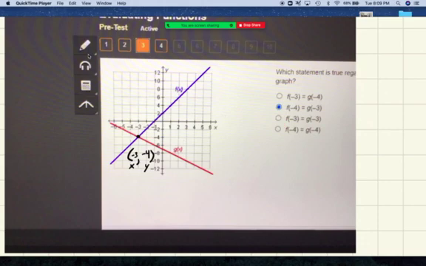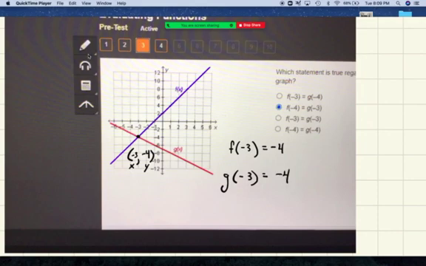Because f of -3, well, if I started here and I went back 3, 1, 2, 3, and then I traced it out to my blue line, I would get -4. And then if I did the same thing with g of -3, again, 1, 2, 3, and then trace it out to my red line, still the same point, still comes out to -4.